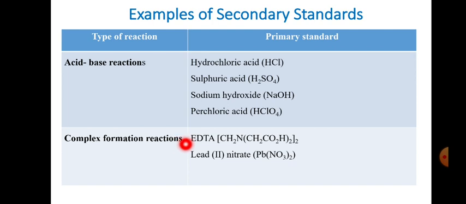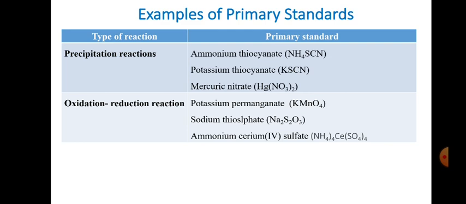Then for complexometric reactions, we can use EDTA and lead nitrate as secondary standards. Similarly, for precipitation titration, we can use ammonium thiocyanate NH4SCN, potassium thiocyanate KSCN, and mercuric nitrate. For oxidation reduction titration, we can use potassium permanganate, sodium thiosulfate, and ammonium ceric sulfate as secondary standards. So these are the examples of secondary standards.